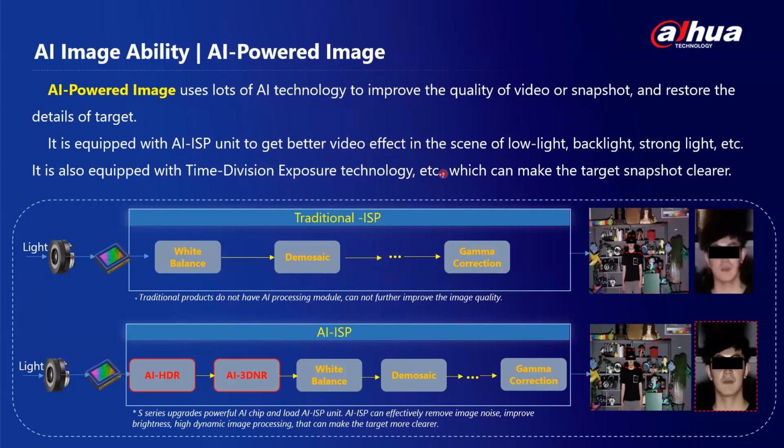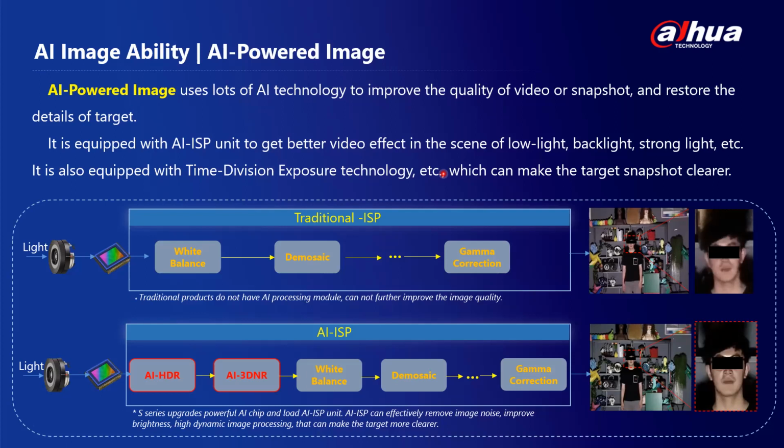And then again, it can restore the details of a target. So those details of a target are basically those details in real time. So it can compare between what the camera has captured and what is different in those particular scenes. So they're equipped with an artificial intelligence image sensor processor unit to get better video image effect.